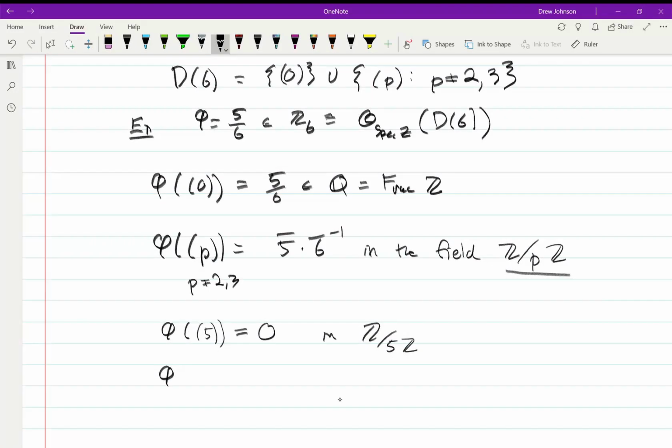Whereas if you took phi of, say, 11, then you'd have the class of 5, and 6 inverse would be the class of 2. So that would be equal to the class of 10 in Z mod 11Z.